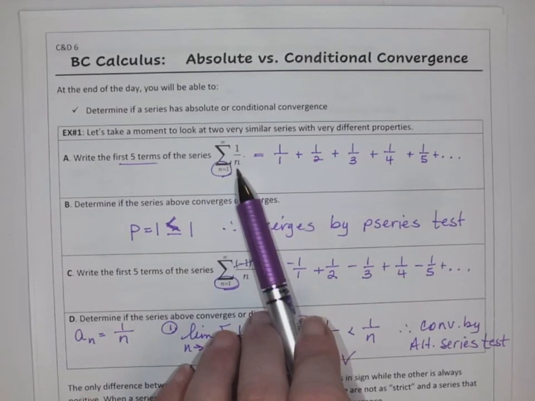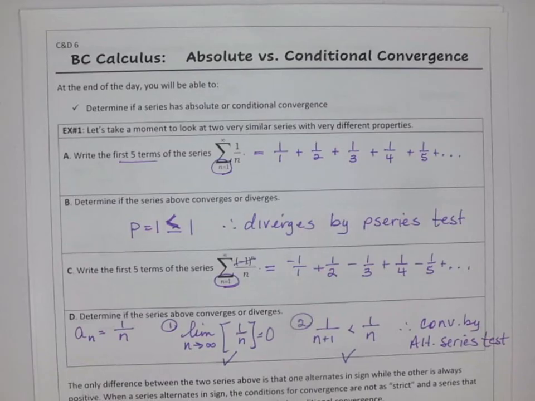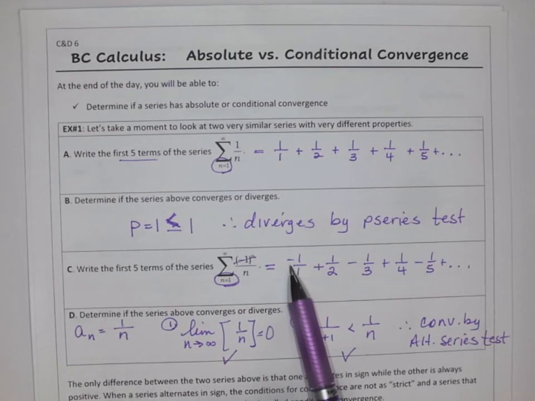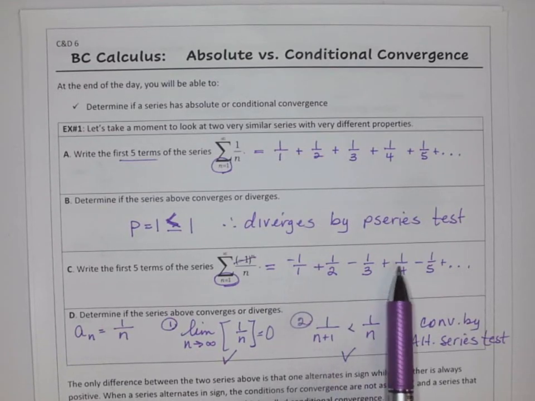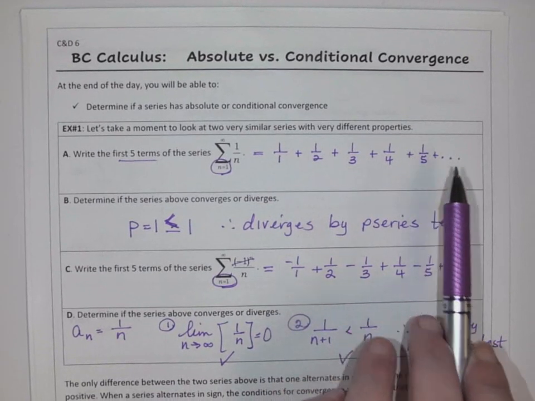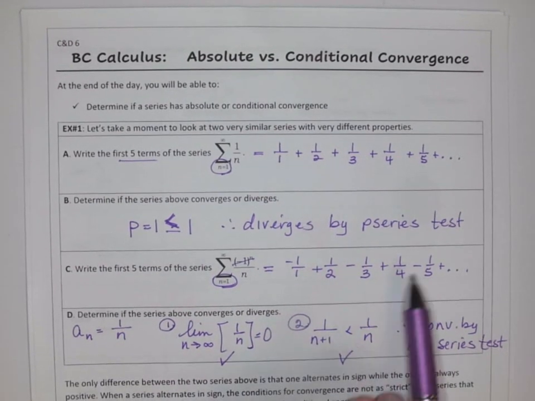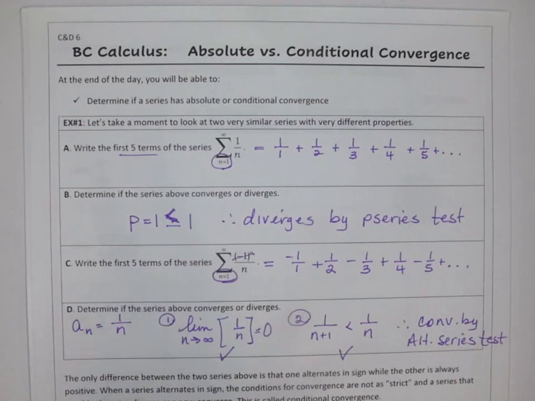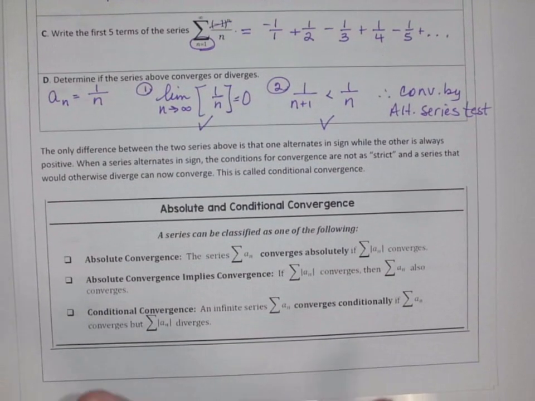Without it, it diverges. Absolute is just like absolute value. If we take the absolute value of all of the terms and make them all positive, does it still converge? In this case, it didn't. It diverged without the alternating piece.